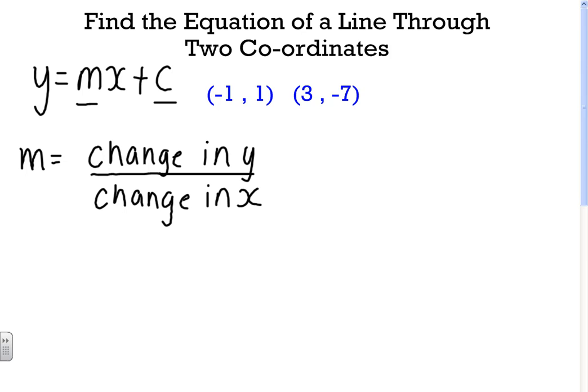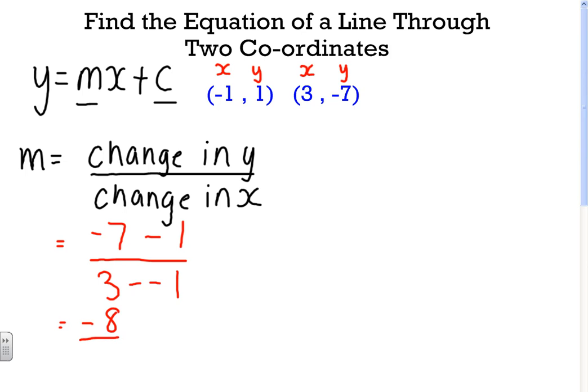Now I can find my change in y by looking at my y coordinates, which are here and here, and my change in y can be found by doing -7 take away 1, and for my change in x, take my two x coordinates and I'll do 3 take away -1. So -7 take away 1 is -8, and 3 take away -1 is 4. So that leaves me with -8 divided by 4, which means my gradient is -2.